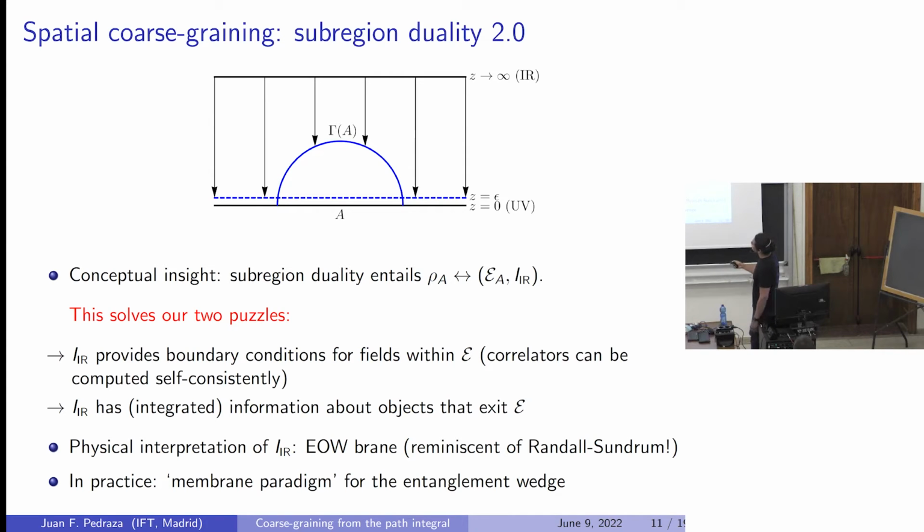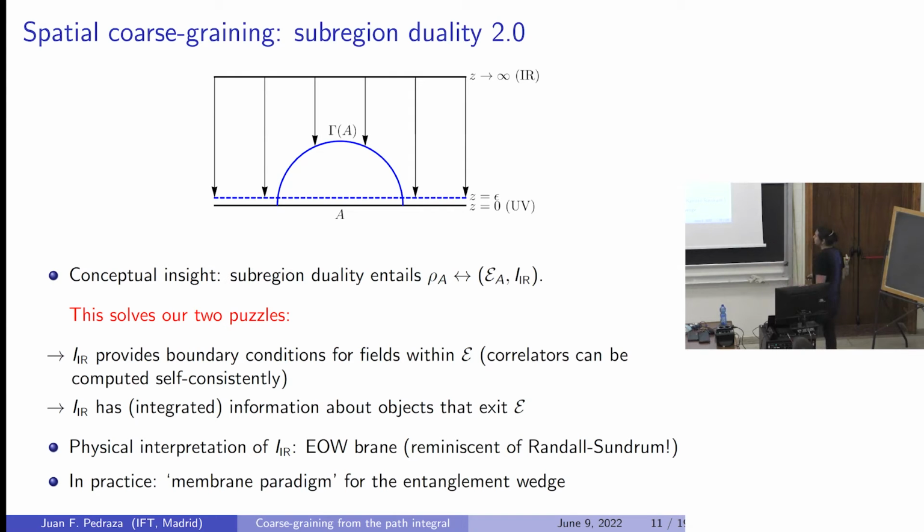So this is actually nice because this solves the two conceptual puzzles that I pointed out. First, this boundary term provides boundary conditions for fields that live within the entanglement wedge. So if I do a variational principle, I can solve my classical equations of motion, and this boundary term will encode some boundary conditions. Then I can use my recipe to compute correlators, and everything is fine, provided that the sources I am interested in turning on are within this region.